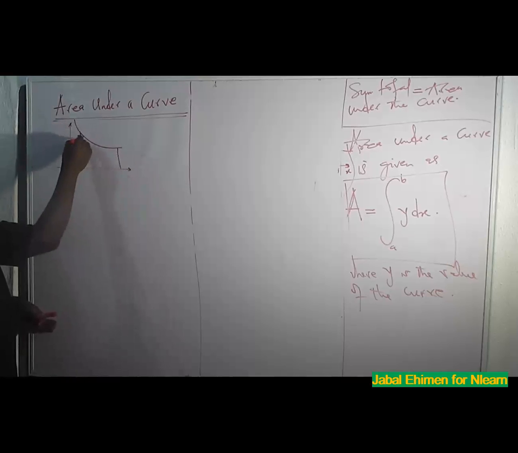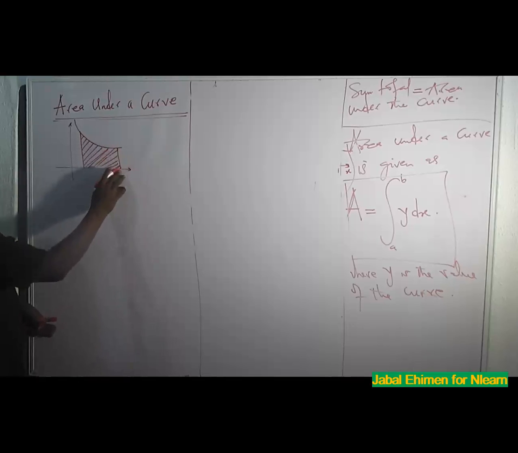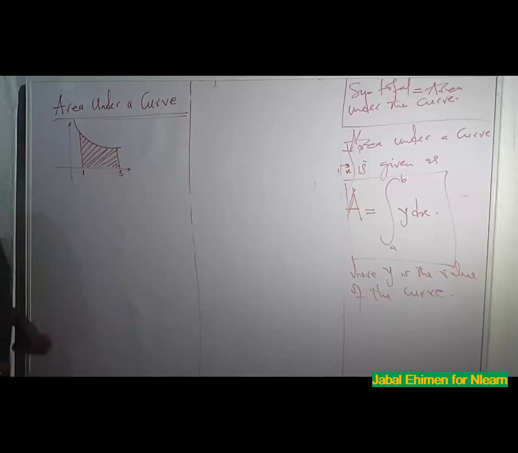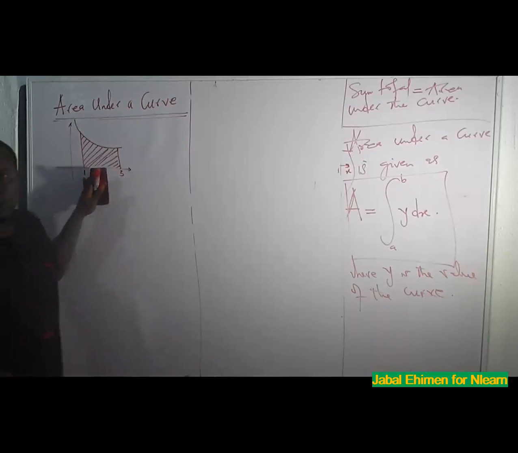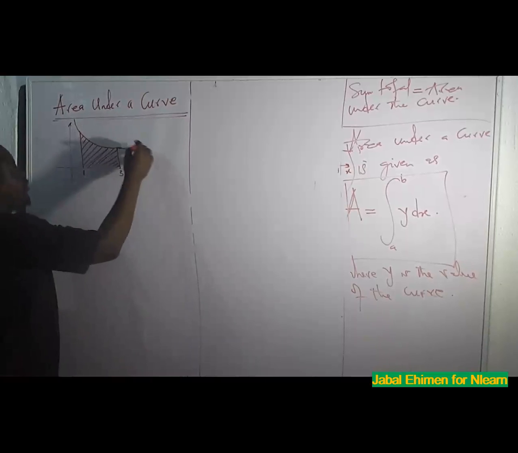Maybe I have to shade the area. At this point, this part here is the value of 3 and this is the value of 1. 1 lower, 3 higher. This is the curve.